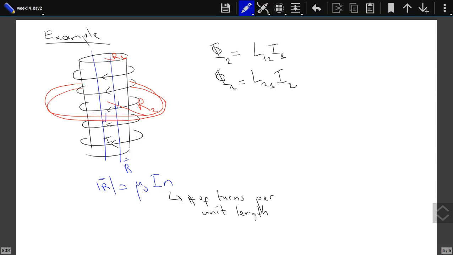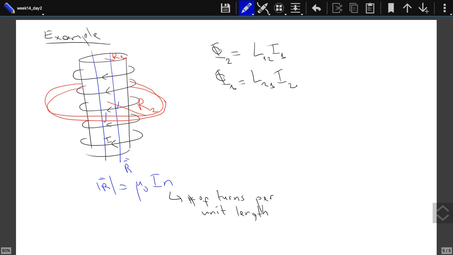You can either assume that there is a current running in the outer loop, and then it will create a magnetic field, which will create a magnetic flux in the inner solenoid, and you can calculate the total flux in the inner solenoid. Or you can assume that you are sending a current through your solenoid, which creates a magnetic field, which creates a flux in the outer rings.